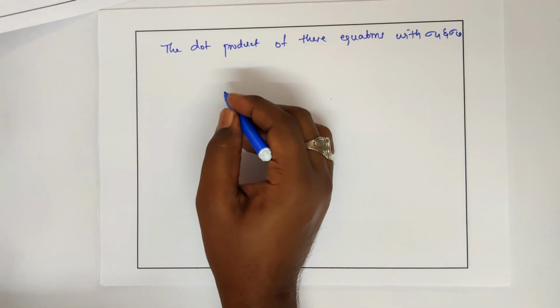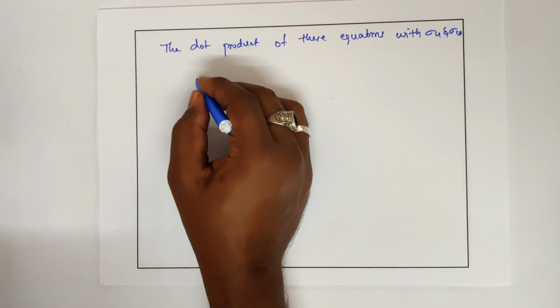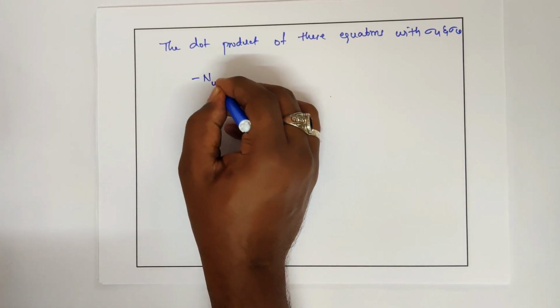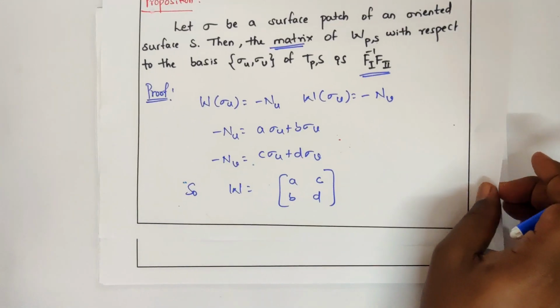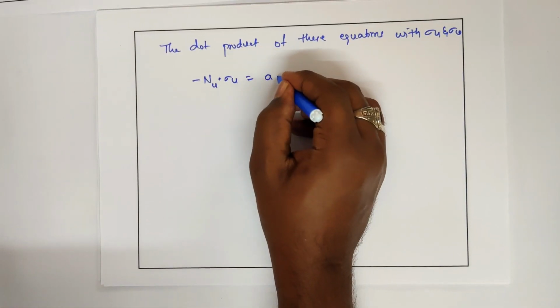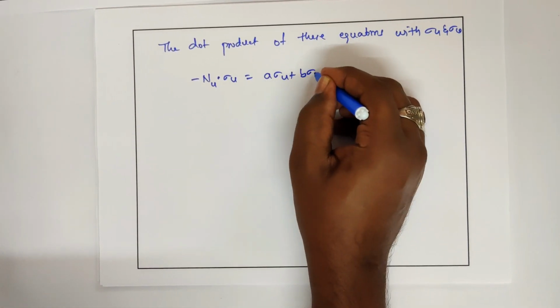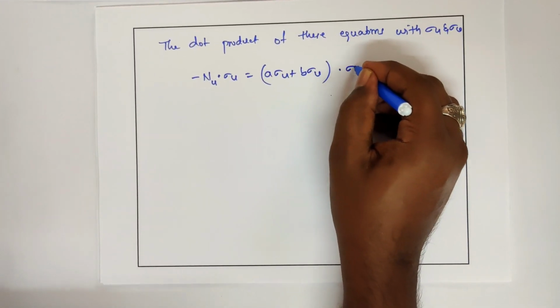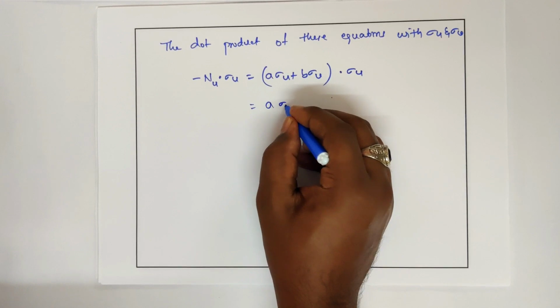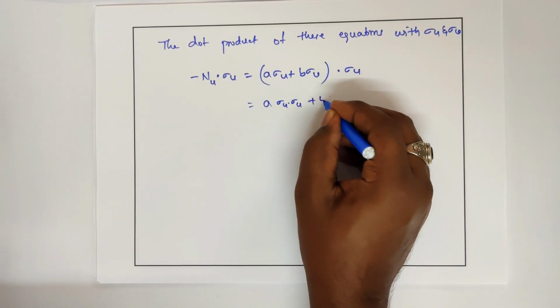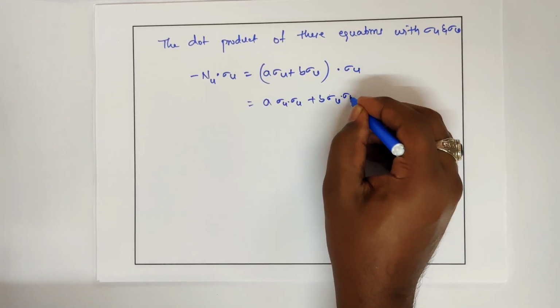So I'll just try to make out one. Suppose I take the dot product of negative nu, which we have just seen is nothing but a sigma u plus b sigma v, with sigma u. When we expand this, we get a times sigma u dot sigma u plus b times sigma v dot sigma u.